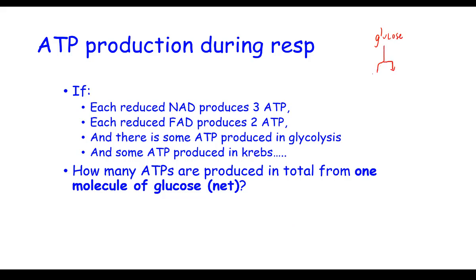It splits up into 2 pyruvates, and then each pyruvate has to go into the link, each pyruvate has to go into Krebs, and then all the NADs and the FADs from along the way will have to go into the electron transport chain. So see if you can work it out.